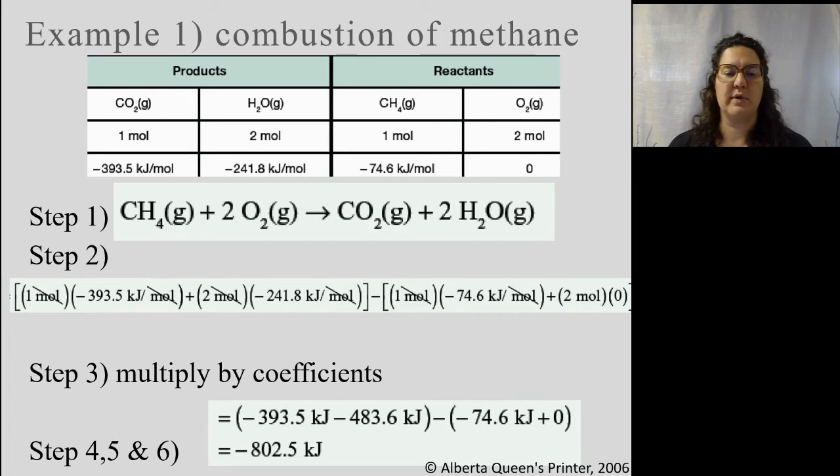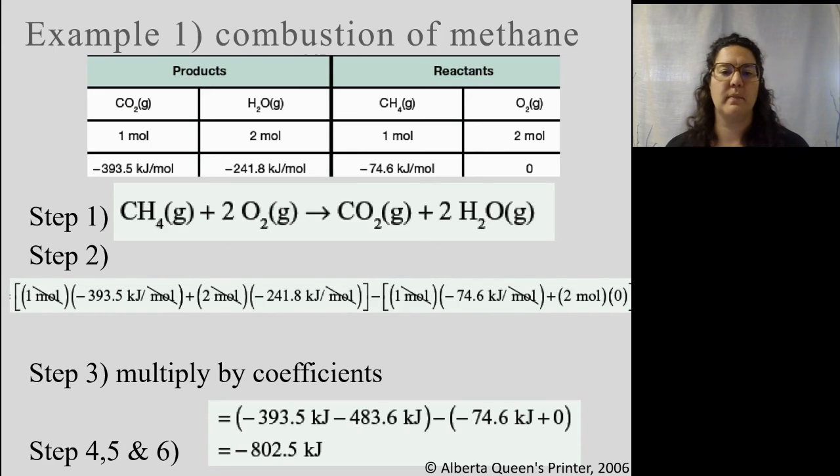As we go through, we're going to write down our heat of formation, products minus reactants. We have 1 multiplied by negative 393.5 kilojoules per mole for carbon dioxide, plus 2 multiplied by negative 241.8 kilojoules per mole for water vapor.